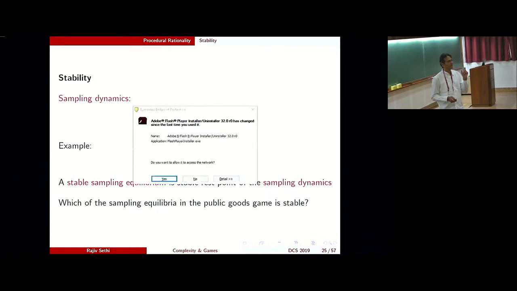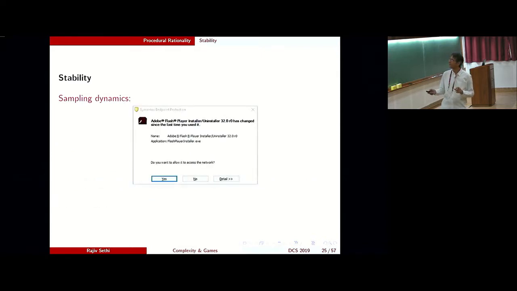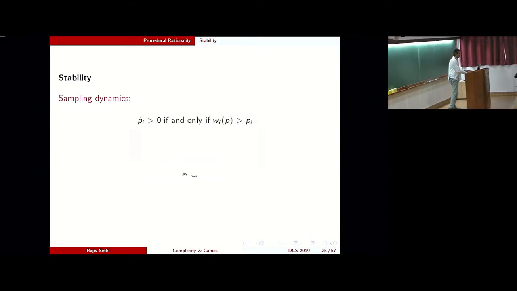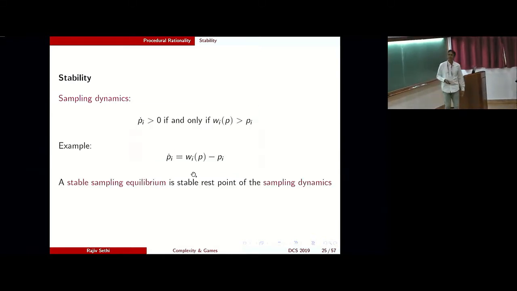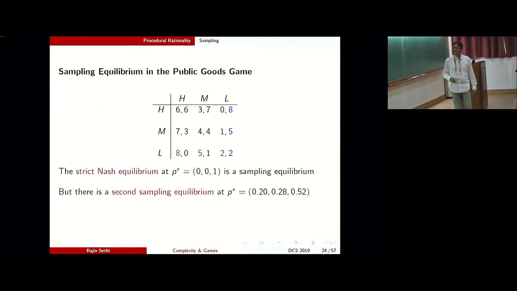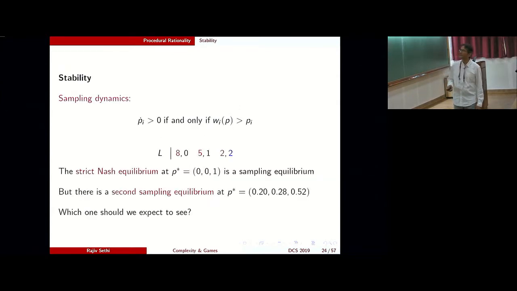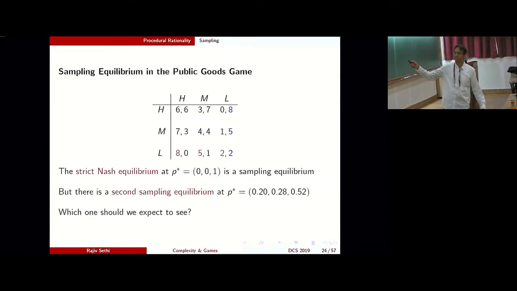And then you can ask, for example, in this game, which one is stable? And it turns out that, somewhat surprisingly, at least for me when I first saw it, this is unstable, this one is stable. So it allows you to select between sampling equilibria.